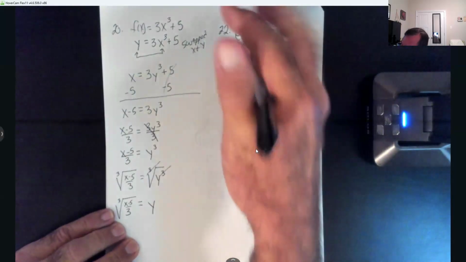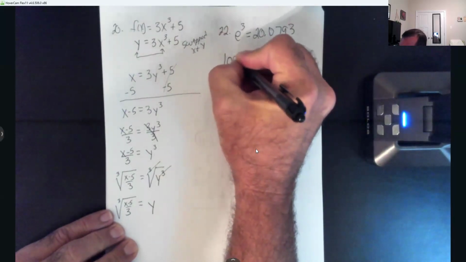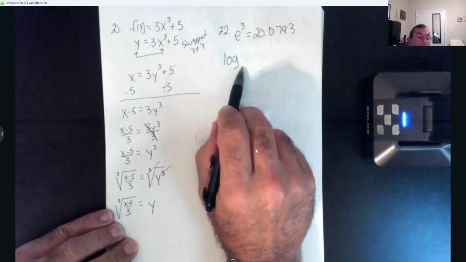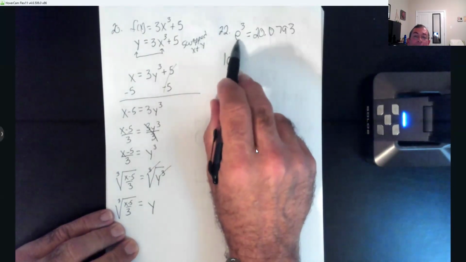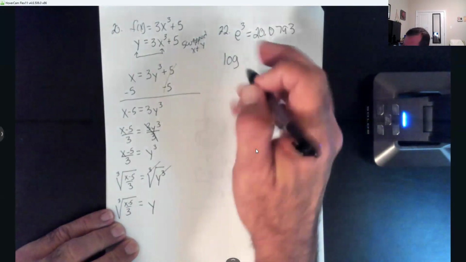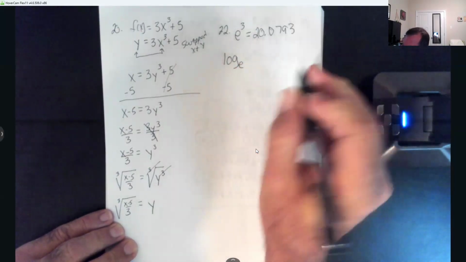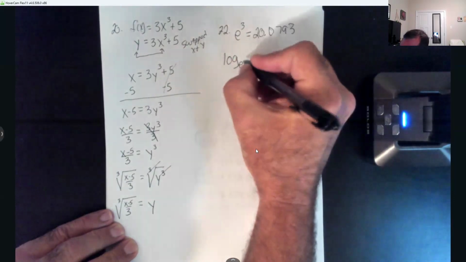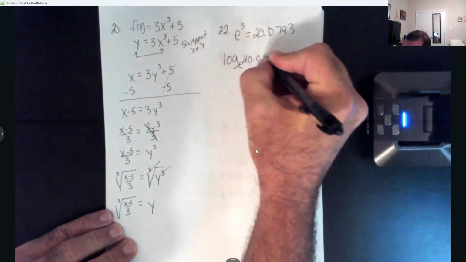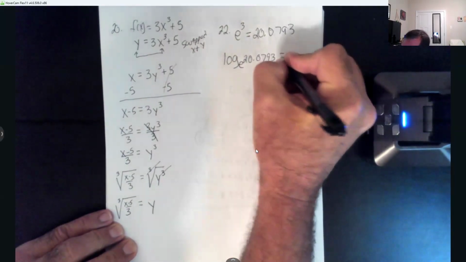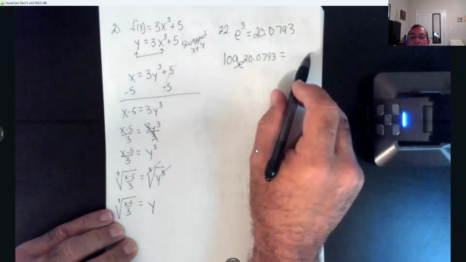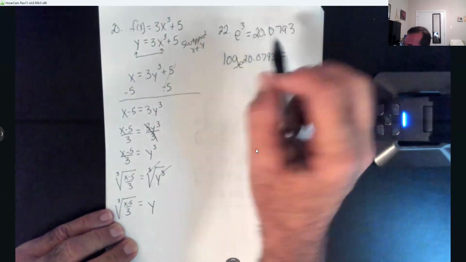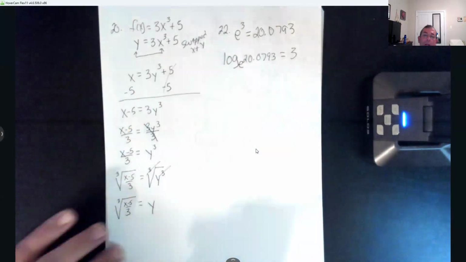But remember, my first step is to write log. Figure out what the base of the log is. Well, the base of the log is the same as the base of the exponential. So that'll be the E. Then I would write the result. Well, the result is the 20.0793. And then the log equals the exponent. Well, y'all, the exponent was a 3.